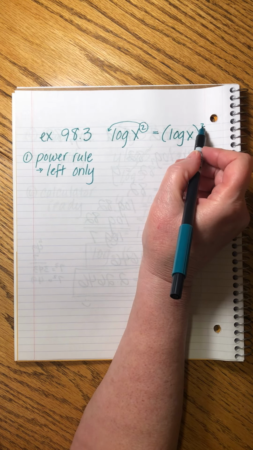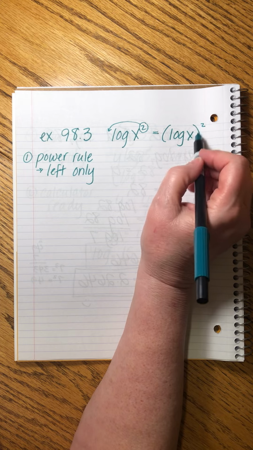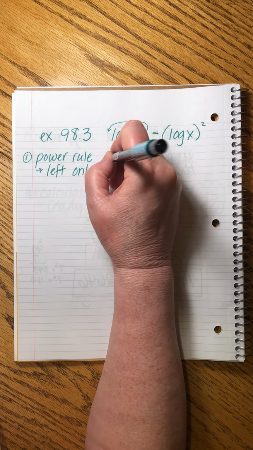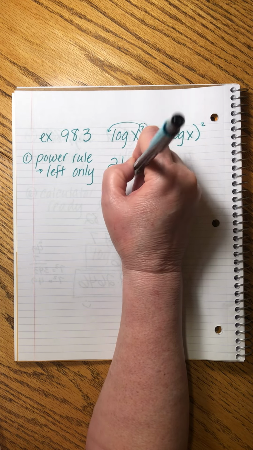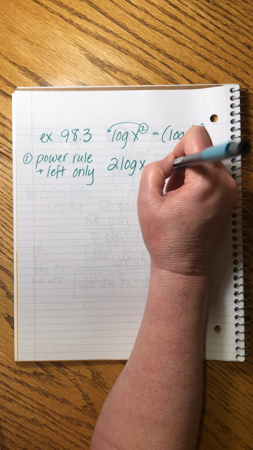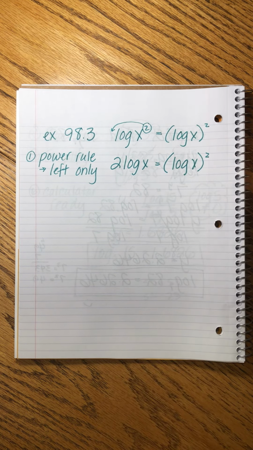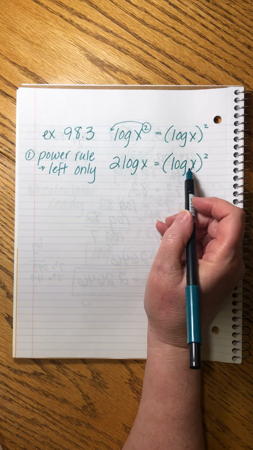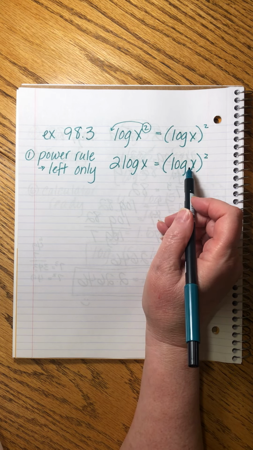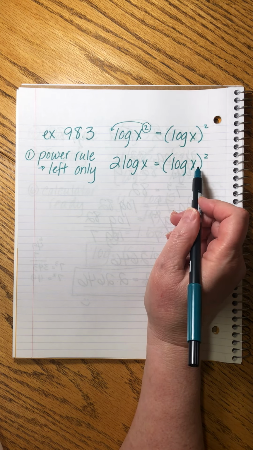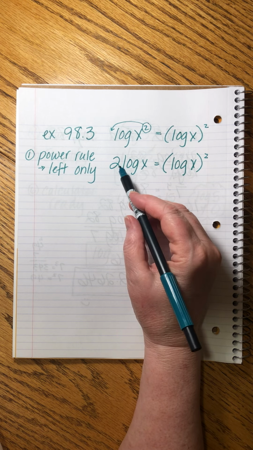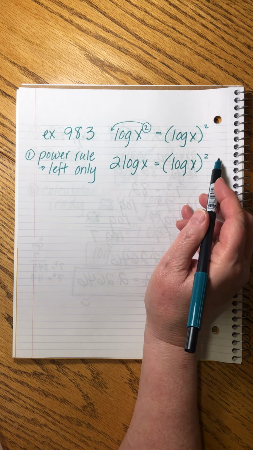This is not the power rule in the making. This is. So we're going to write 2 log of x equals log of x squared. All right. Now, we don't really have a good way to simplify this. It would be log of x times log of x. So what we're going to do is we're going to get these guys on the same side.